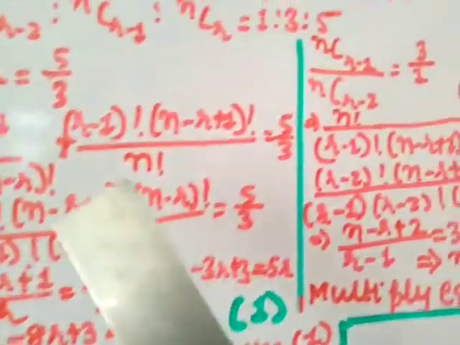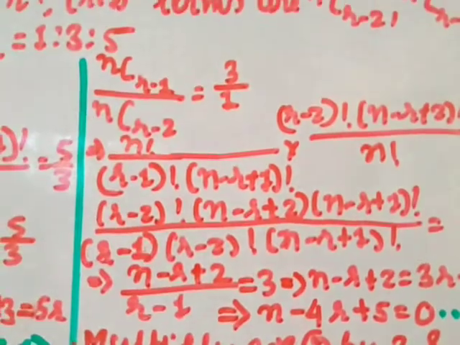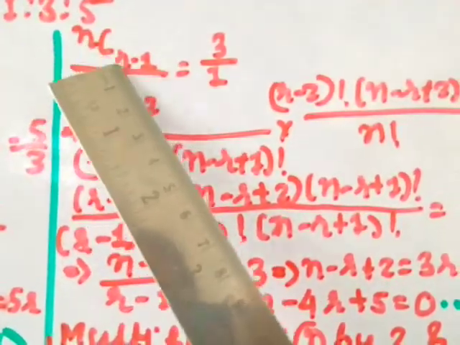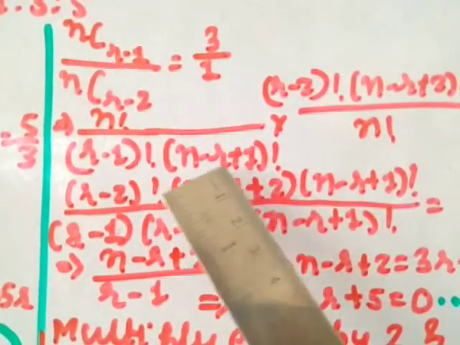Now the second part. Here also I will use the same formula of nCr. So n factorial divided by (r minus 1) factorial into (n minus r plus 1) factorial. This is the expansion of this.